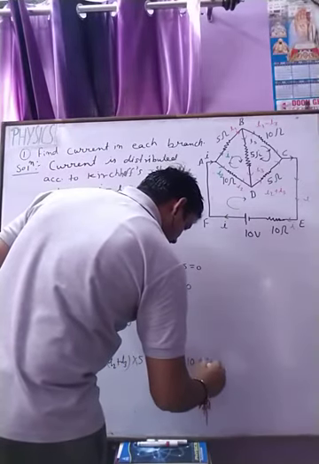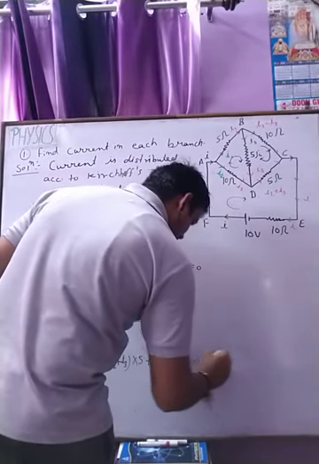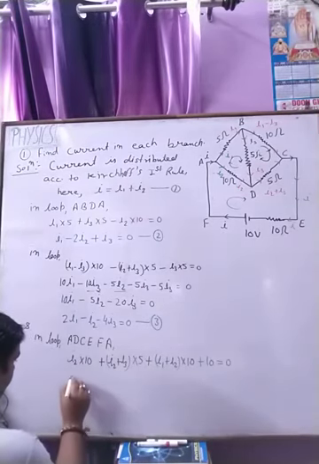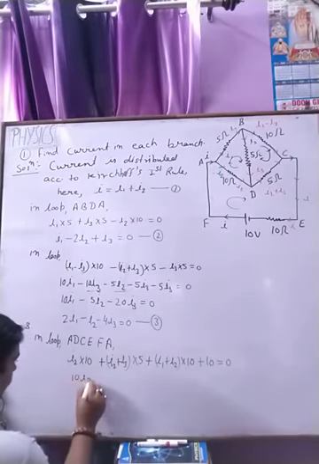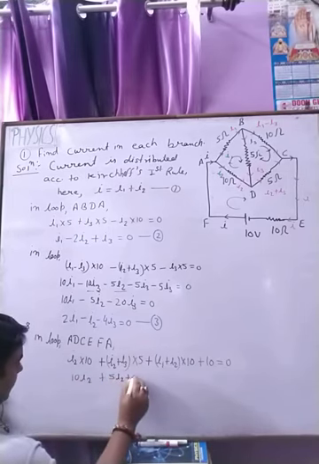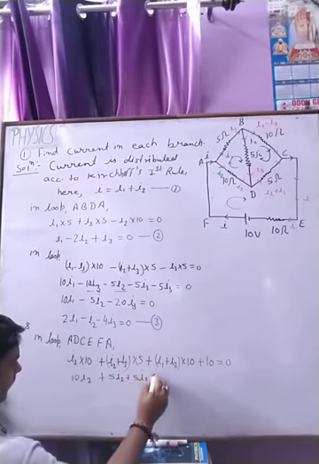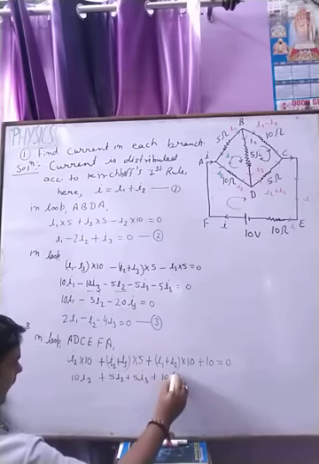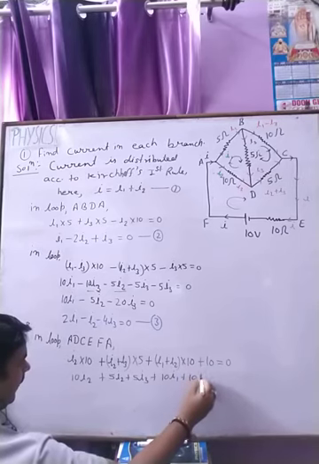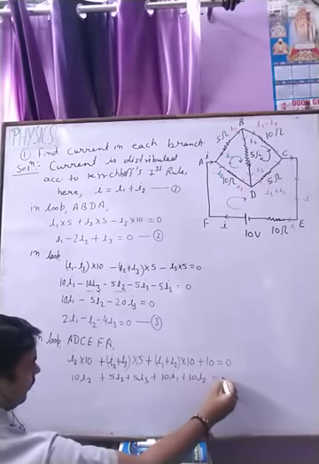So plus 10 equal to 0. On solving, 10 I2, 5 I2 plus 5 I3, 10 I1, 10 I2 equal to minus 10.